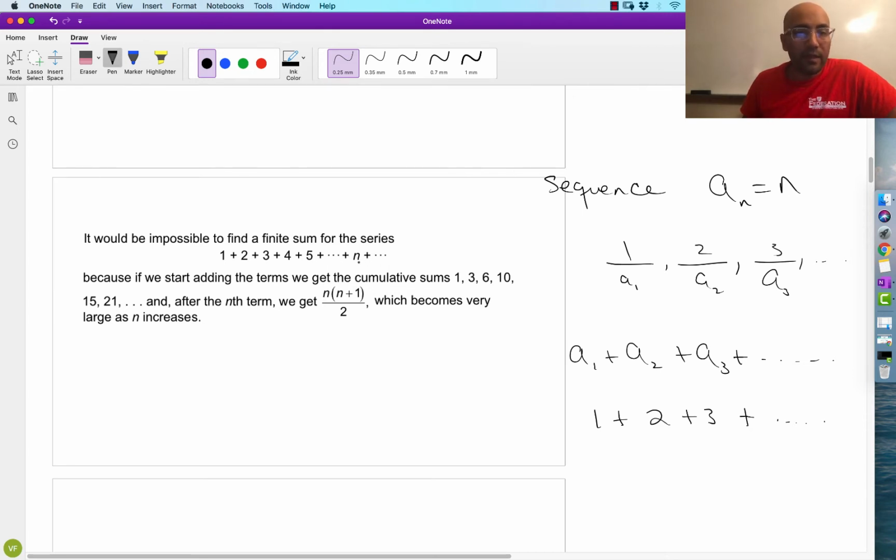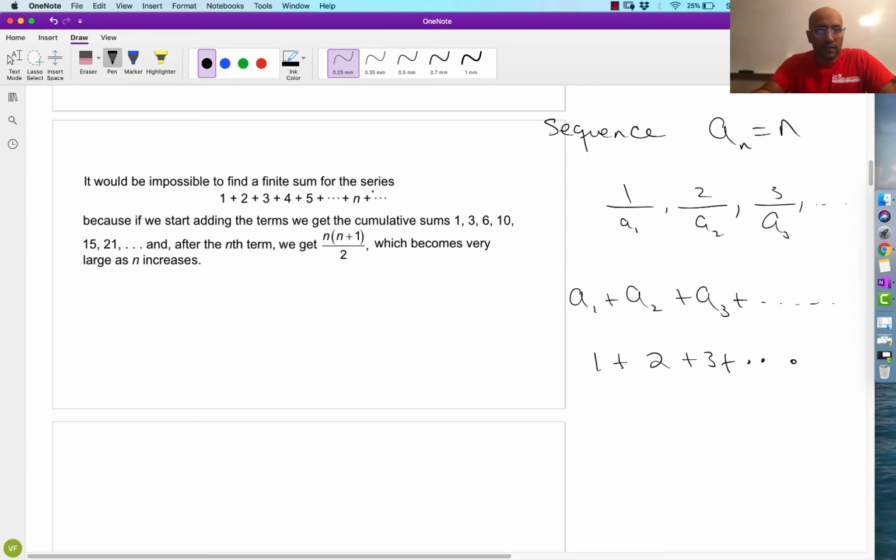We don't want to stop at n, we want to keep going. And this would be impossible to get a finite sum for, because if we start adding up the terms, the cumulative sums are 1, then 3, then 6, then 10, and so on, and after the nth term, we get n times n plus 1 over 2. Okay, so let's see where that comes from.